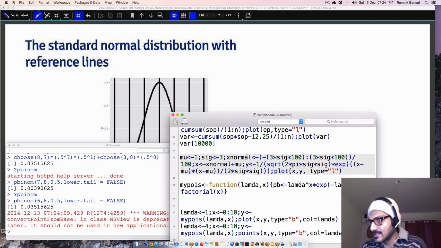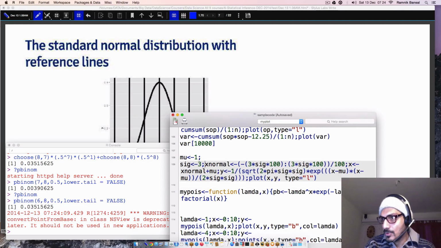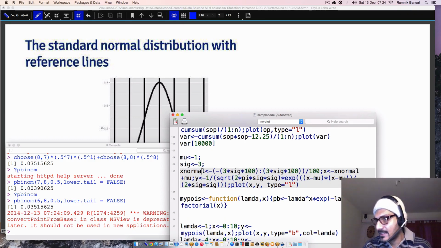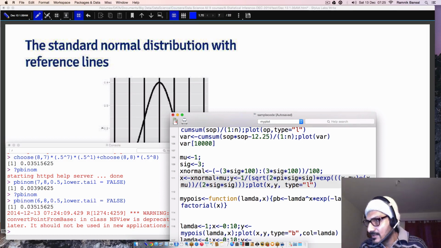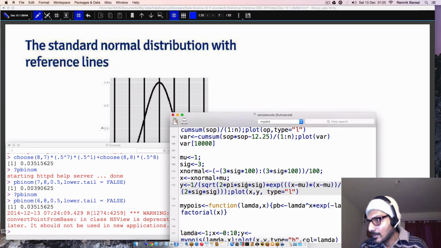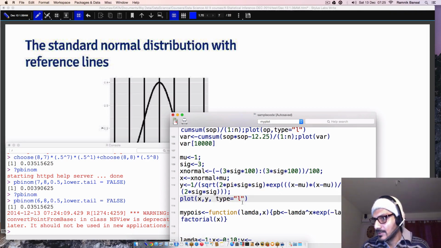Let me make it more readable for you. So I set mu, and then I set sigma, then I set my xnorm, which is that whole big formula, and then I say x is equal to this, y is equal to this, and so on.